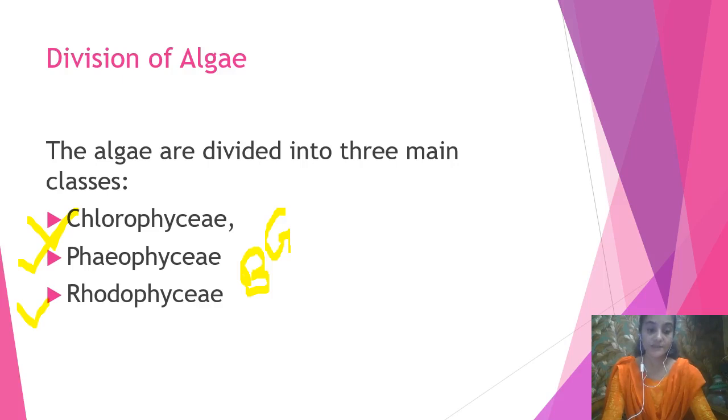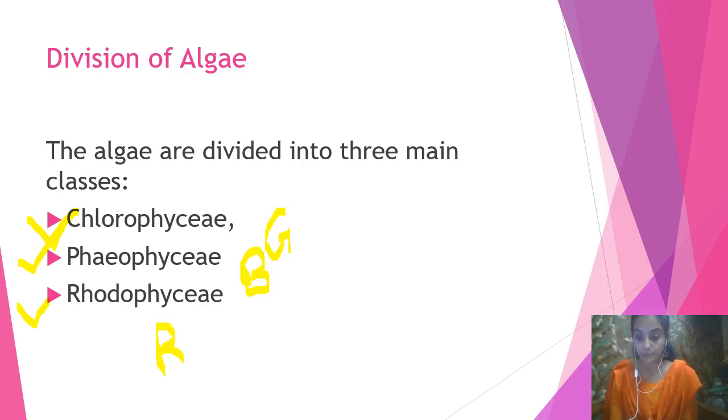Rhodophyceae contain the main pigment of red color, and they are called red algae. So depending upon the pigments present, we are classifying the algae into chlorophyceae, phaeophyceae, and rhodophyceae.